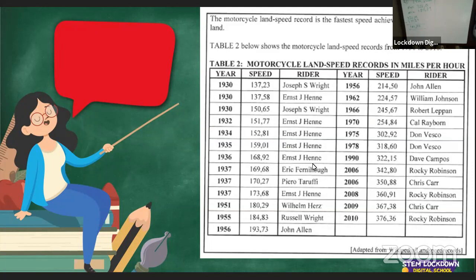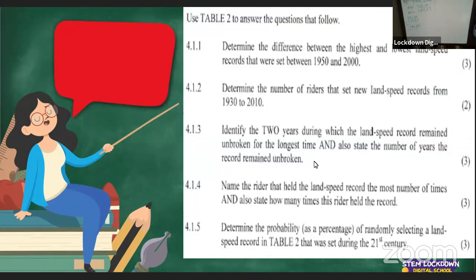So we are not going to assume any units here. So we just leave our answer as it is. Okay, so we have determined the difference between the highest and the lowest land speed record that we have taken.